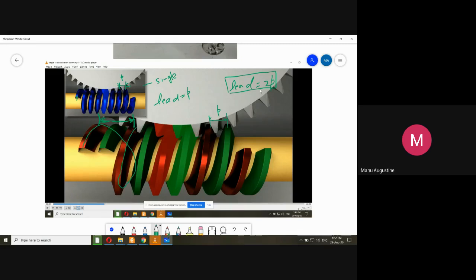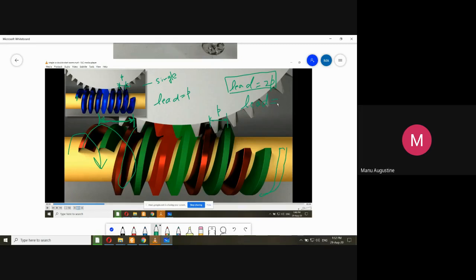And lead is defined as the actual horizontal advancement when one rotation of the screw is enabled. So what will happen if I show you a triple start thread? If there is another start thread getting started like this, and I bring a third thread, then your lead will become equal to 3 times the pitch.